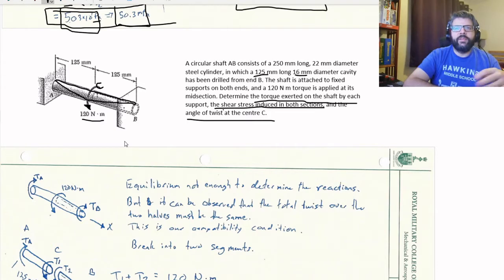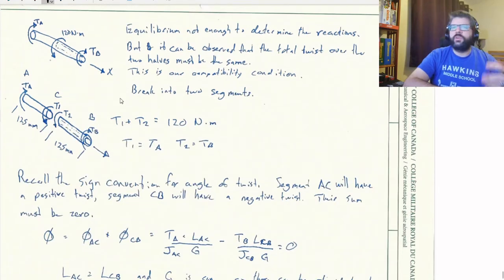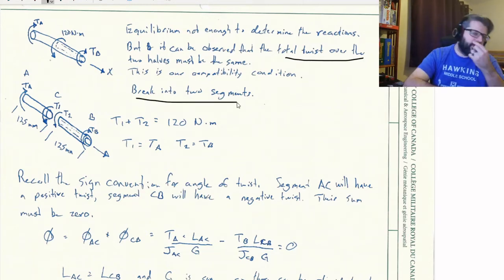And we know that the amount of that needs to be the same for this to be continuous. So we can figure out what sort of reactions would cause that to occur. So we got our compatibility condition that the total twist over the two halves needs to be the same, and we just break it up into two segments.